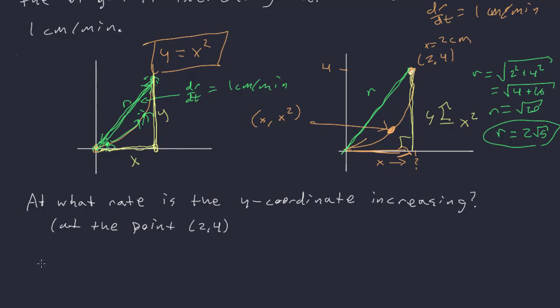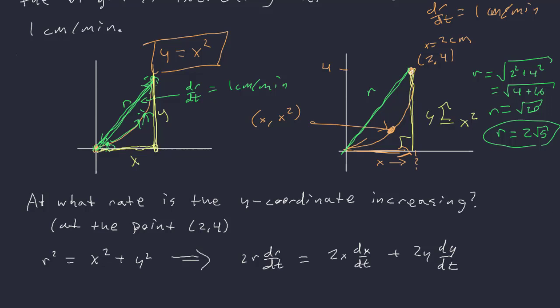Okay, so we're going to stick with r squared is equal to x squared plus y squared, but in this case we're going to leave the y squared part alone, and then go straight to the differentiation. So it'll be 2r dr/dt is equal to 2x dx/dt plus 2y dy/dt.